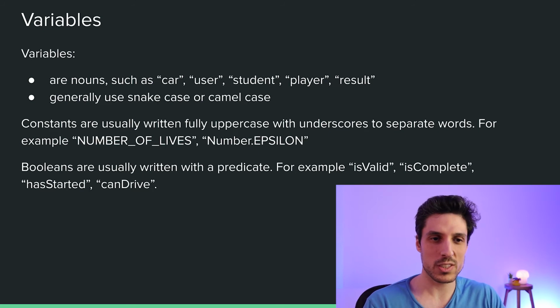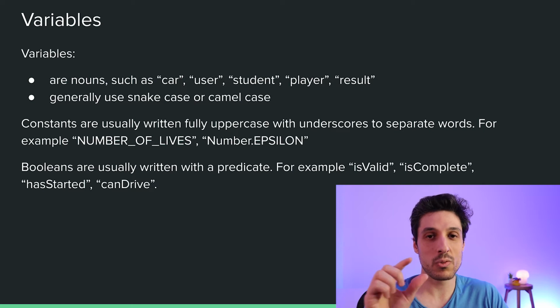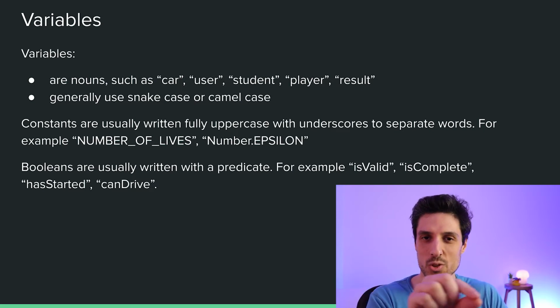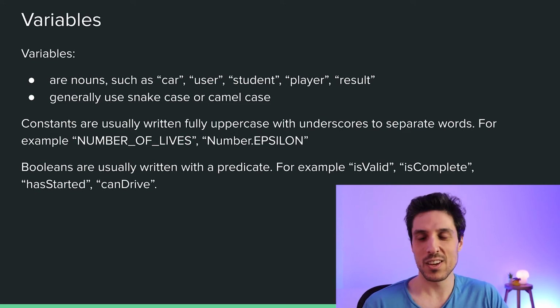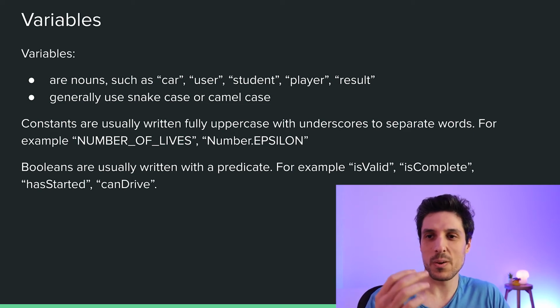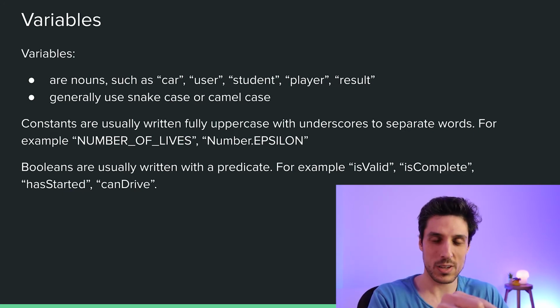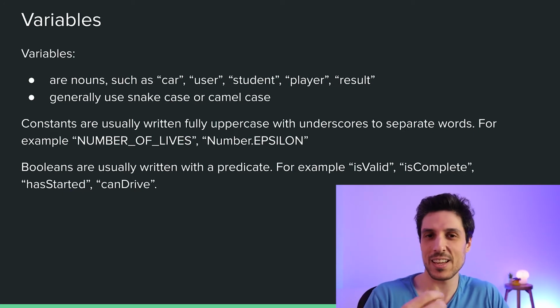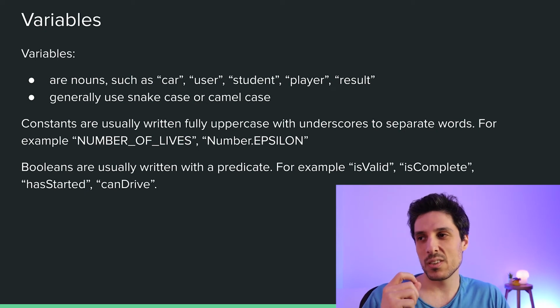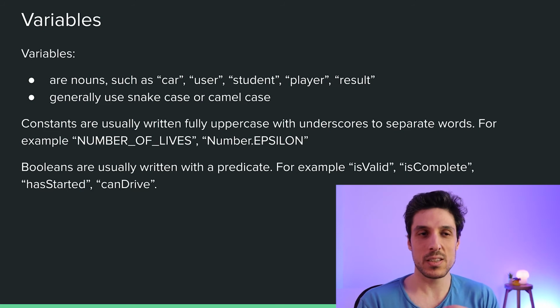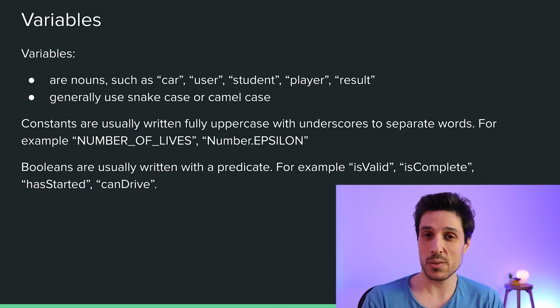Now, when it comes to constants, some programming languages write them fully uppercased with snake case, with underscores rather, to separate the words. Some examples are, number of lives, where you have number underscore of underscore lives, and things like that, okay? Now, be careful with constants, because constant doesn't mean just any immutable variable.